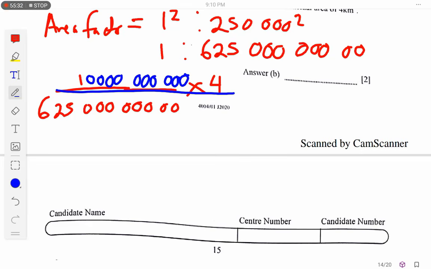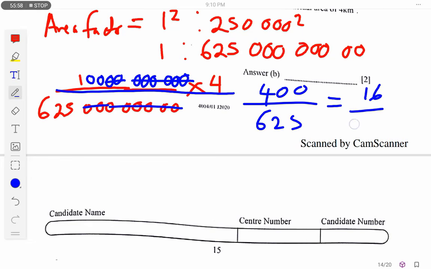Now we can divide, simplify and cancel off the 0s. 6 there, 6 there, 4, I can take 2 out here again, 2 there. So I now have 400 over 625, and I can simplify this and get 16 over 25.